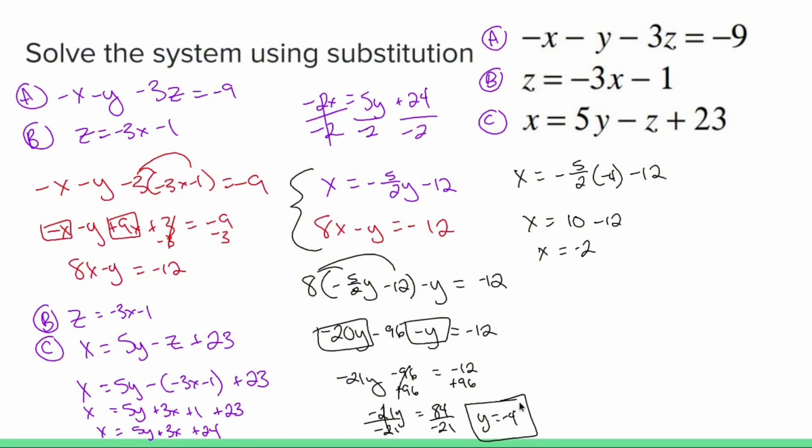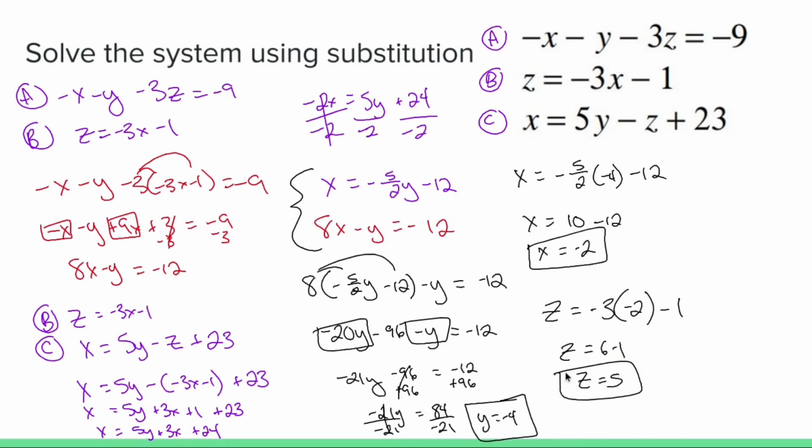Now I still need to find z, which isn't bad, because z is negative 3x minus 1. So x is negative 2, and negative 3 times negative 2 minus 1 is 6 minus 1, which is 5. So I have an x which is negative 2, a y which is negative 4, and a z which is 5. I got myself my solution.